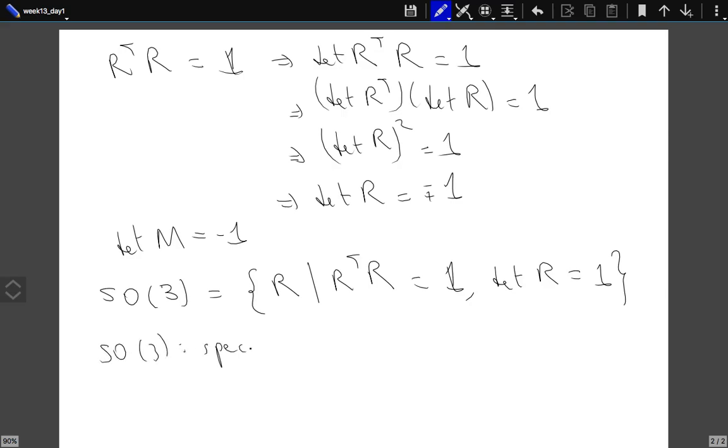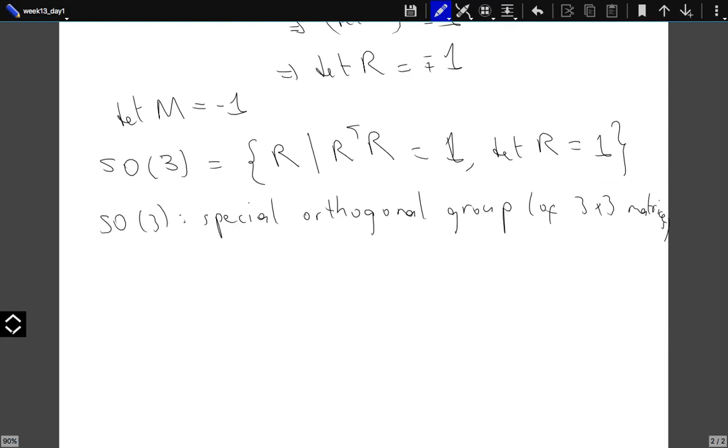This is called the special orthogonal group of 3 by 3 matrices. Now this is the group of rotations. Any rotation is a member of this group, SO3.